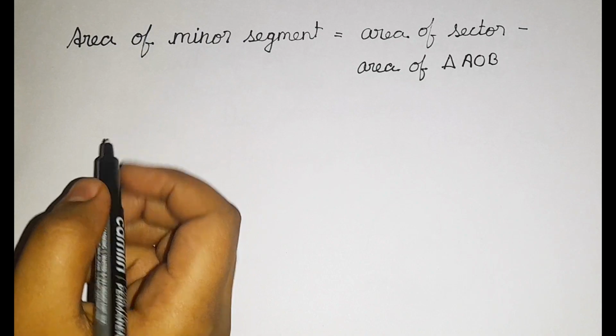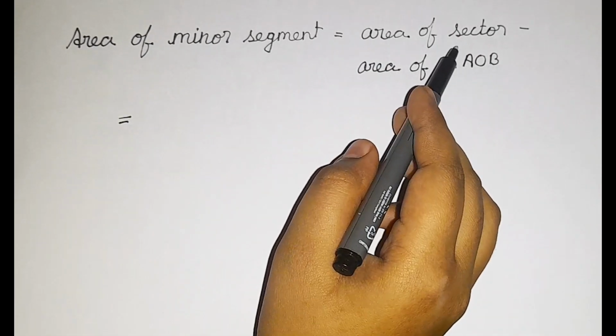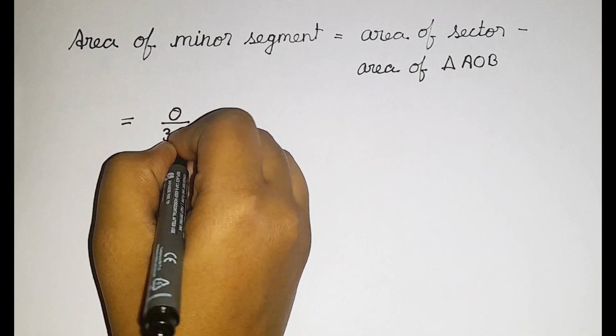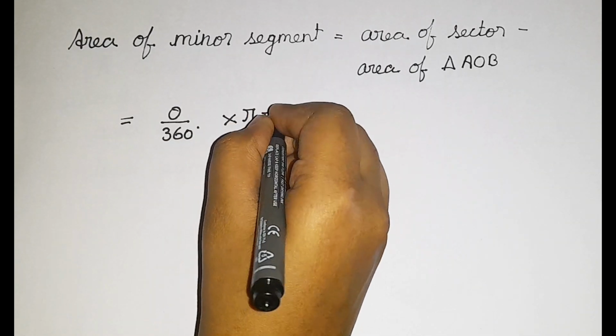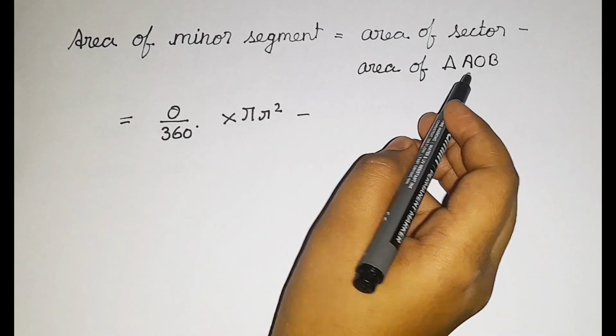So let us apply the formula. What is the area of sector? The area of sector is theta by 360 degree into pi r square, minus area of triangle AOB.